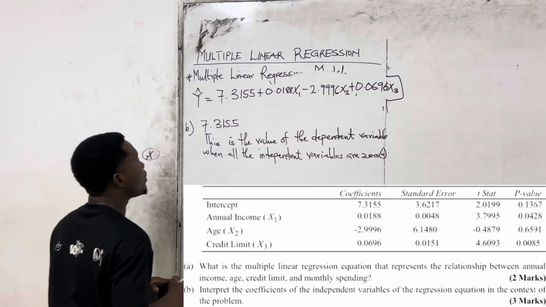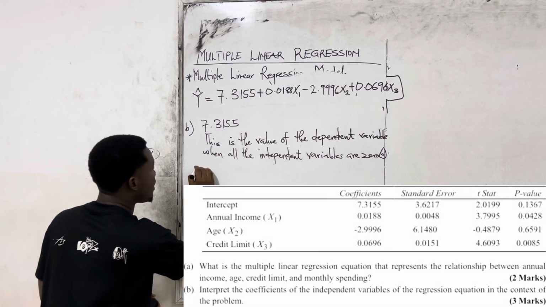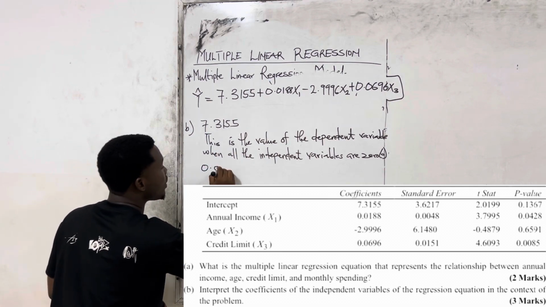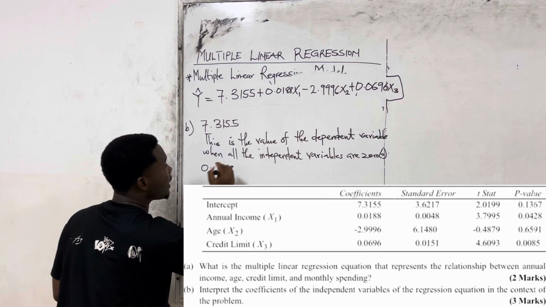So the second one is annual income. The second one we have to explain is 0.0188.